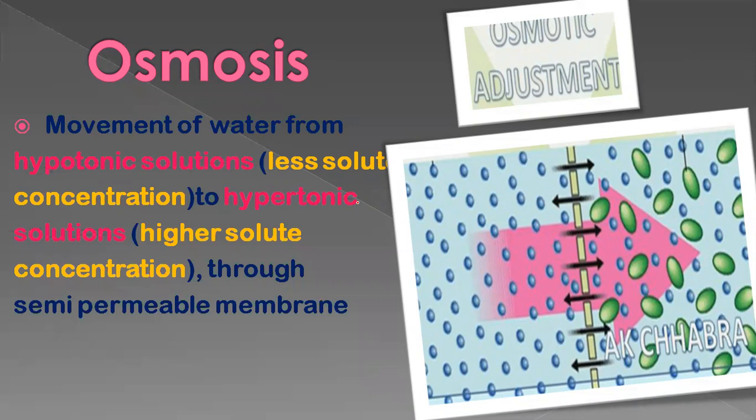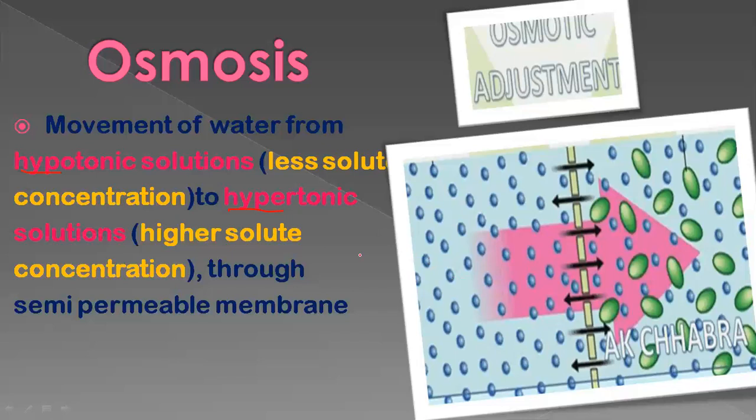I know that what is hypotonic and what is hypertonic is on your fingertips. Yes, hypo means less and hyper means more amount of solute. So how do the plants maintain these two types of conditions? We will talk about it in just a few minutes.